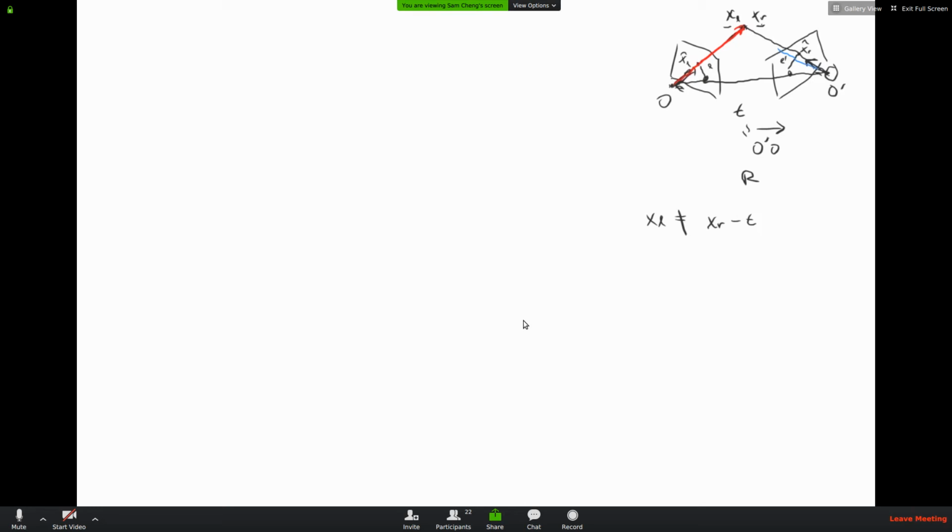For XL here, for example, I have a coordinate system maybe like this, with x axis, y axis, and z axis. And on the right, my XR can be like this, I have x, y, and z here, something like that. So to equate them, I should use this rotation, right?